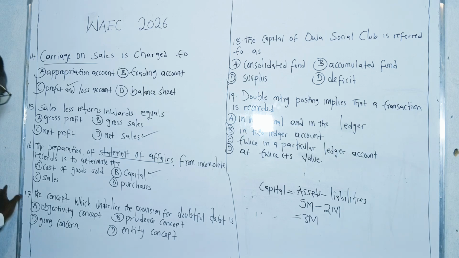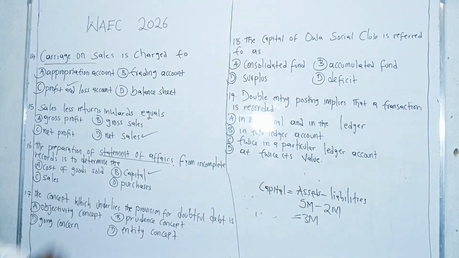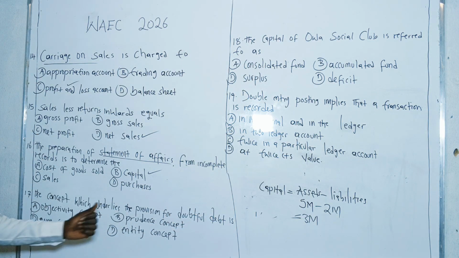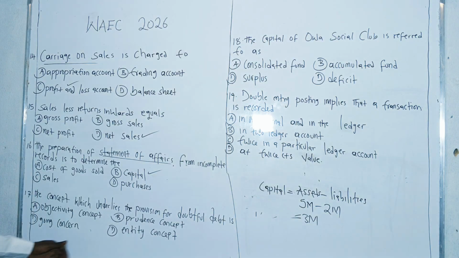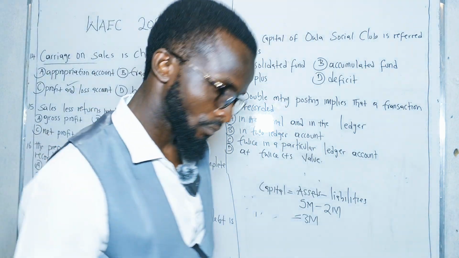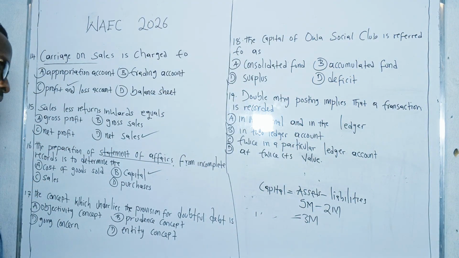Okay, question 17. The concept which underlies the provision for doubtful debts is A. Objectivity concept, B. Prudence concept, C. Going concern concept, D. Entity concept. So what is doubtful debt?